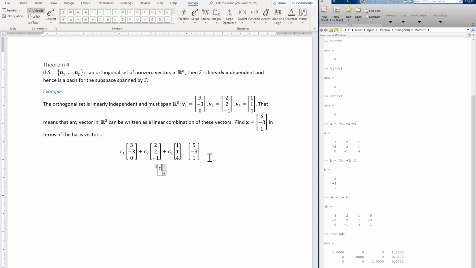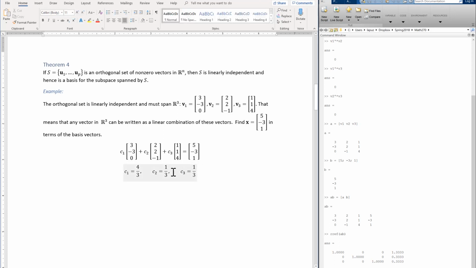So C1 should equal, let's call it 4/3. C2 would equal 1/3, and C3 would equal 1/3 as well. Okay, so that's it.